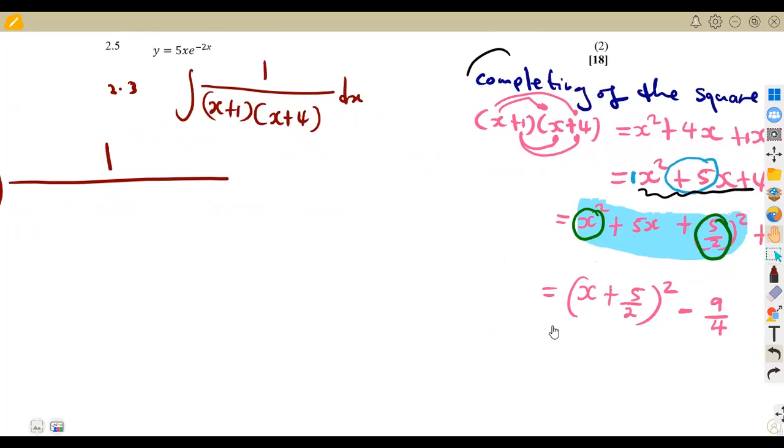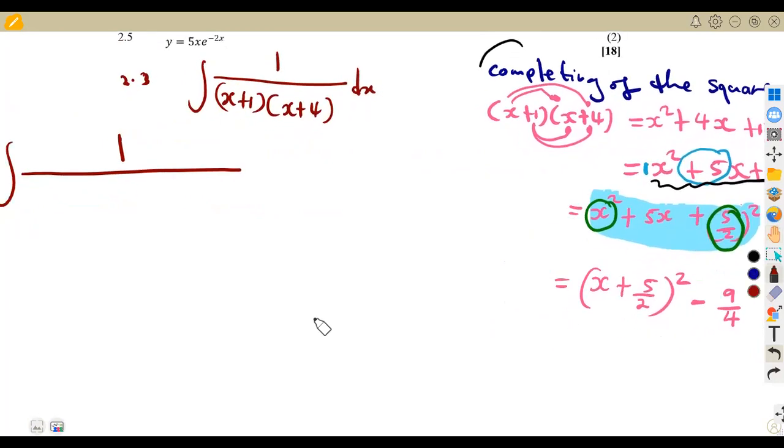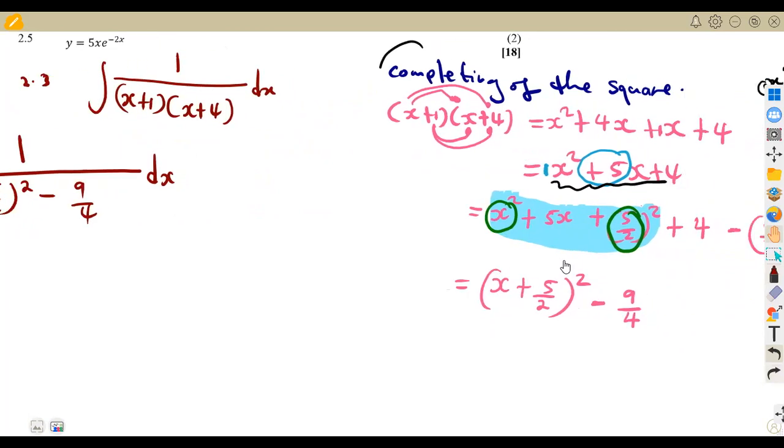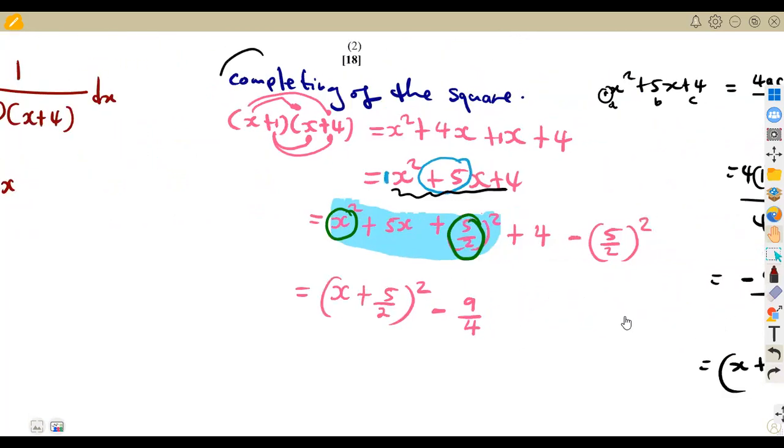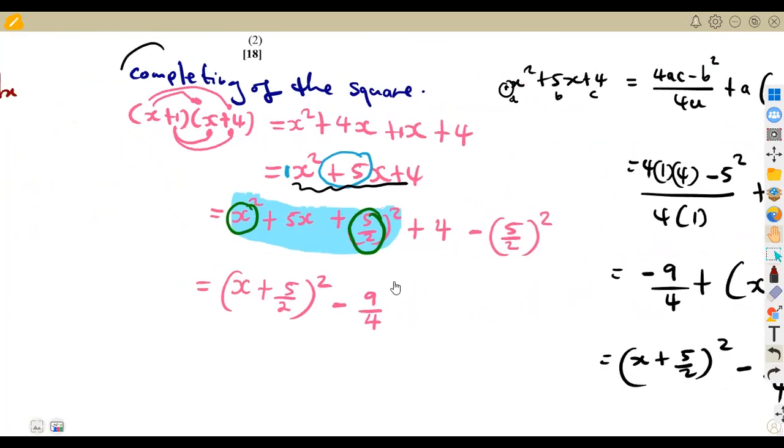So we're going to write what we had from the completing of the square, which is x plus 5 over 2 squared, like this, minus 9 over 4, with respect to x. So this is what we're going to have. We just take what we obtained after completing the square, either way from the formula or from the traditional method.